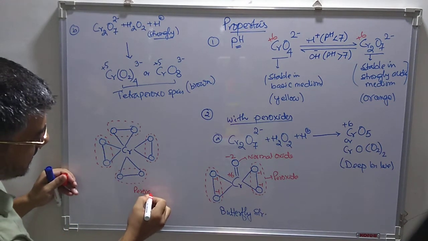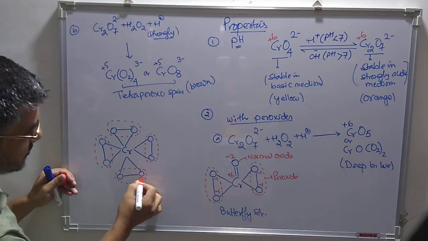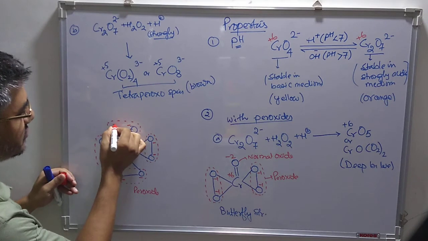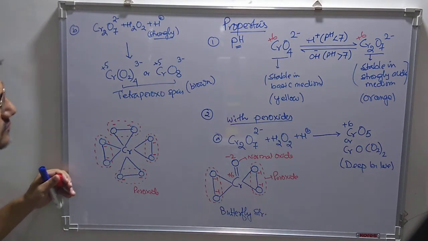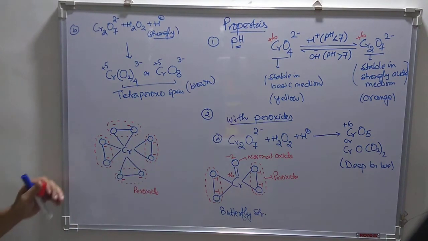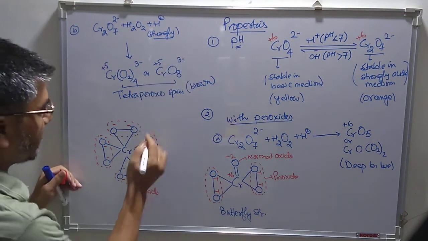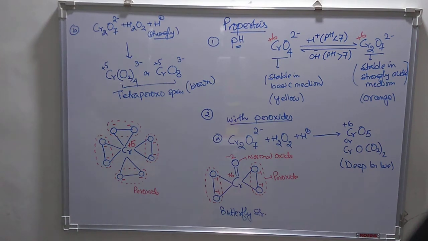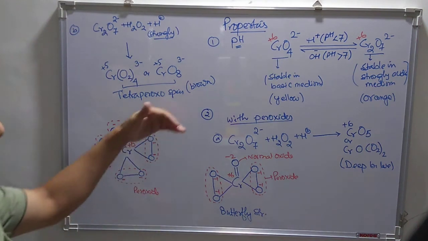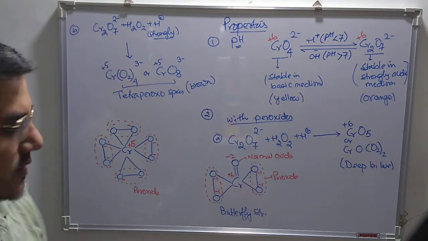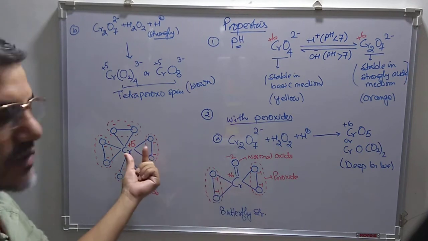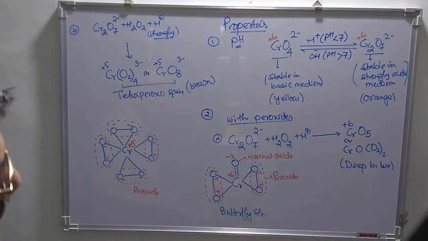This is a peroxide ion. Each peroxide ion carries -1, so the charge on each oxygen is -1. So there are 8 minus. We have 3 minus overall, so this comes out to be +5 oxidation state. So in acidic medium, this dichromate is converted to peroxide compounds, chromium in +6 or chromium in +5. This is with peroxides.